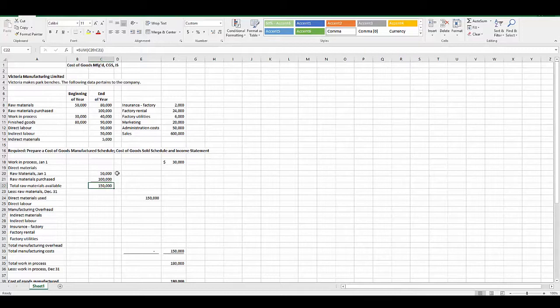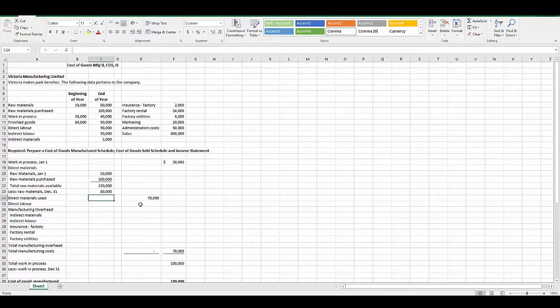We are told that at the end of the year, you had $80,000 worth of raw materials. So you're going to be entering that in here, and then you subtract the 80,000. So it's 150 minus the 80. That tells you you've used $70,000 worth of raw material.